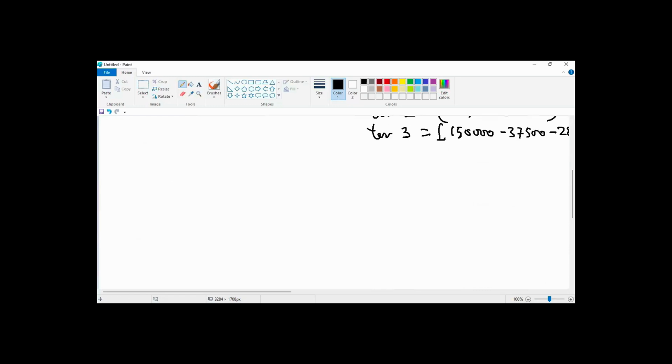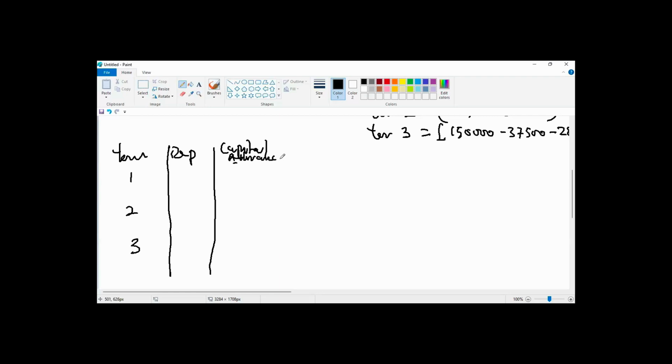In case the question wants to play a prank, they will only give you the depreciation in year 1, 2, 3. They will only give you the depreciation and the capital allowance. What is the temporary difference? The tax rate.